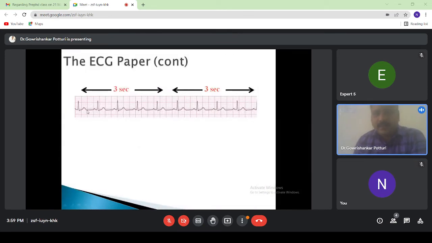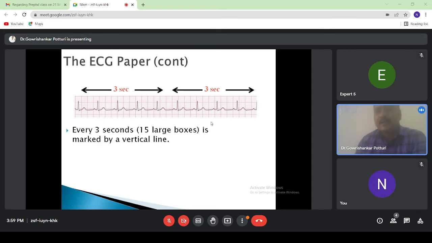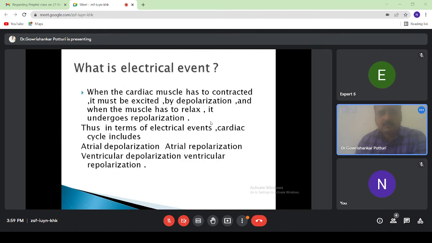See, this is an isoelectric line. Any wave above the isoelectric line is considered a positive deflection. Any wave below the isoelectric line is considered a negative deflection.